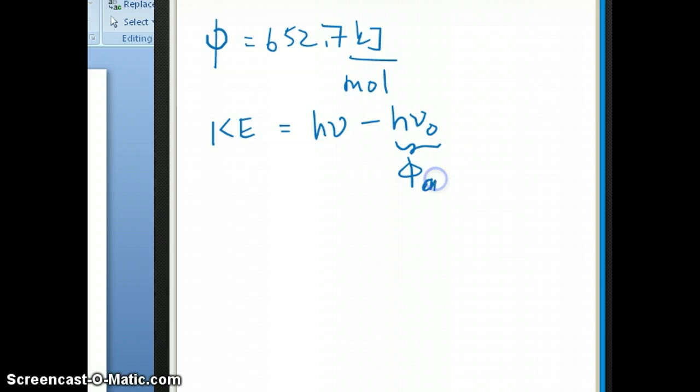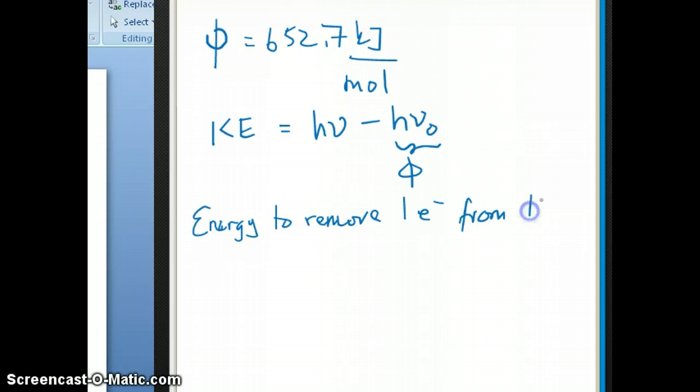So the first question is asking how much energy it takes to remove an electron from one atom. Energy to remove one electron from one chromium atom.